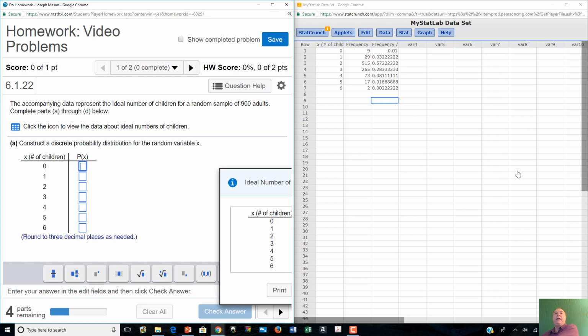So it's going to be 0.01. The next one down is going to be to 3 decimal places, 0.032. The next one down is 0.572.